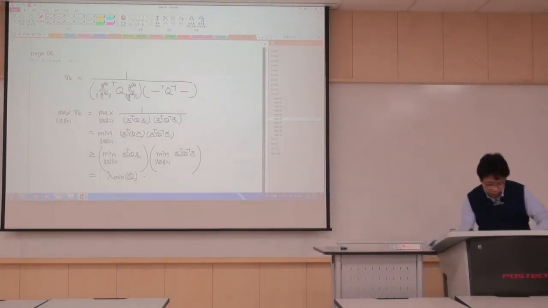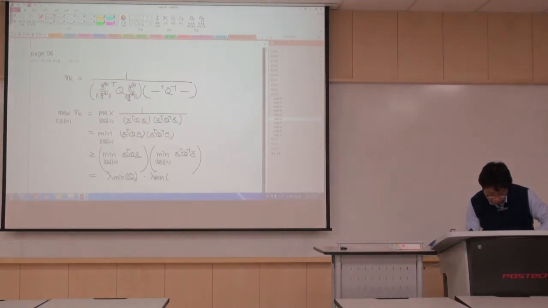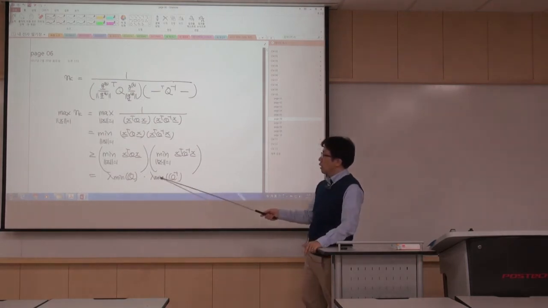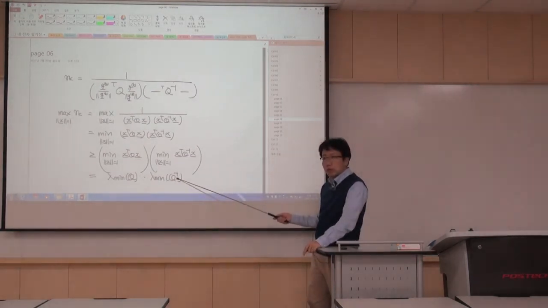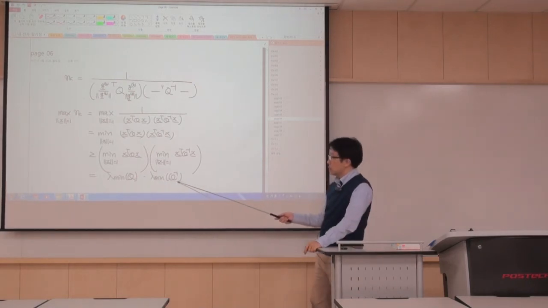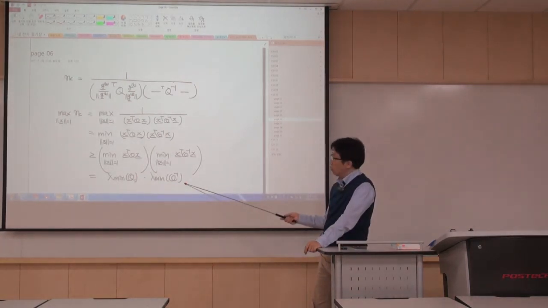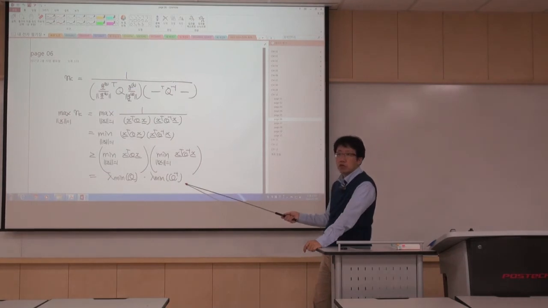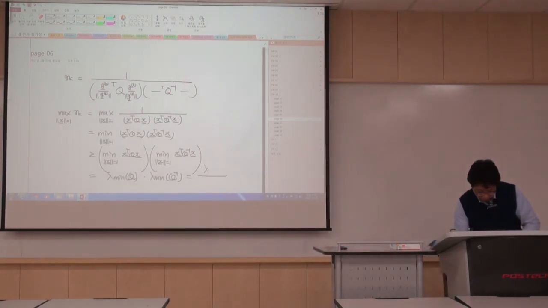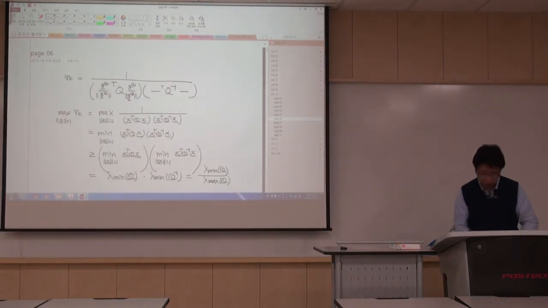Right? But what are the eigenvalues of Q inverse? Inverses of the eigenvalues of Q. So actually, what is this? 1 over lambda max of Q. Okay. So you may say that lambda min of Q, lambda max of Q.